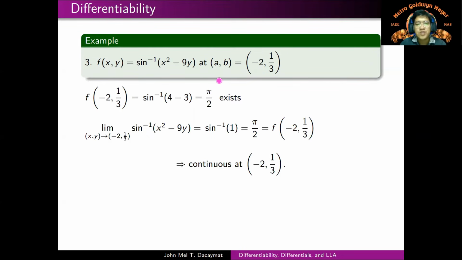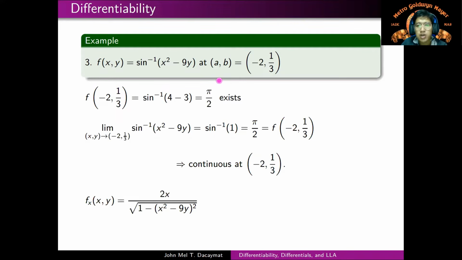So we're good. Now let's check for your first partials at negative 2, 1/3. Do they exist? If I check my first partial with respect to x, so ang derivative ng sine inverse is 1 over square root ng 1 minus squared nung nasa loob ng sine inverse. So something like this. Tapos times derivative pa nung x squared minus 9y with respect to x, that's just 2x.